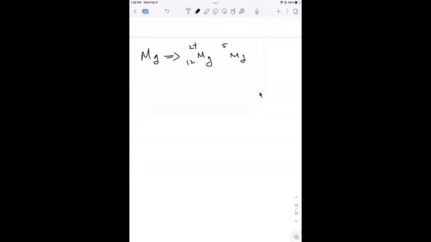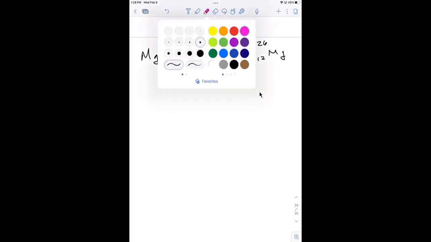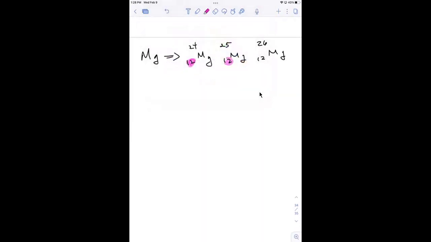I just showed you this, but it's okay. And magnesium 26. Again, note the atomic number is not changing, only the atomic mass. Magnesium 24 has a natural abundance of 78.7%.